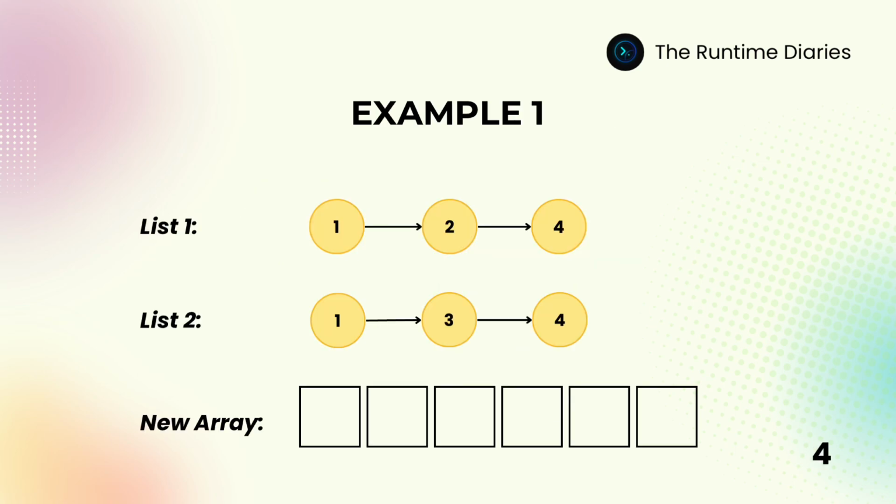Let's look at the classic example to see what merging looks like. List 1: 1 arrow, 2 arrow, 4. This is a sorted linked list with 3 nodes. List 2: 1 arrow, 3 arrow, 4. Also sorted, also 3 nodes.